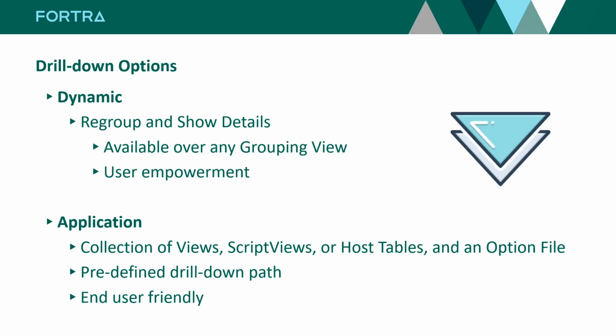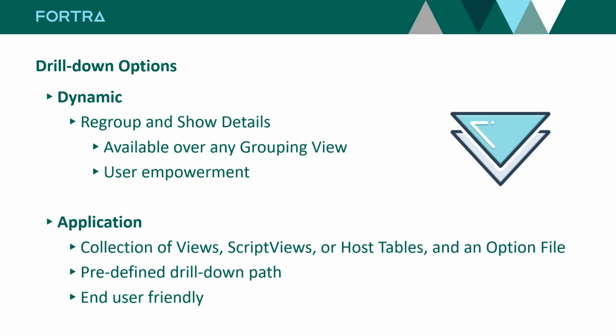All right, so let's go ahead and get started. There are two drill down options available for you through SQL Viewpoint: dynamic drill down and application drill down. Dynamic allows you to choose between regroup or show details, and it is available automatically over any grouping view.